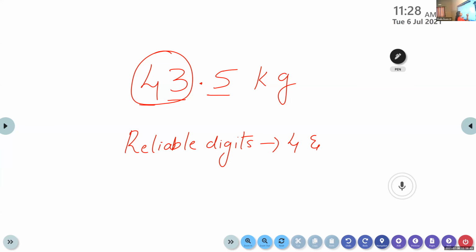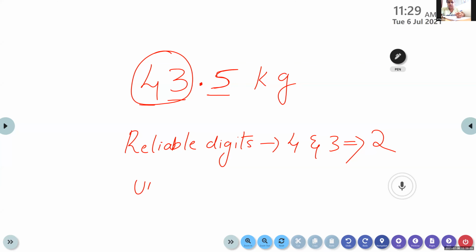And how many reliable digits are here? Two reliable digits are there. Very good. And we are not sure about this 0.5. Is it a reliable or an uncertain digit? Uncertain.